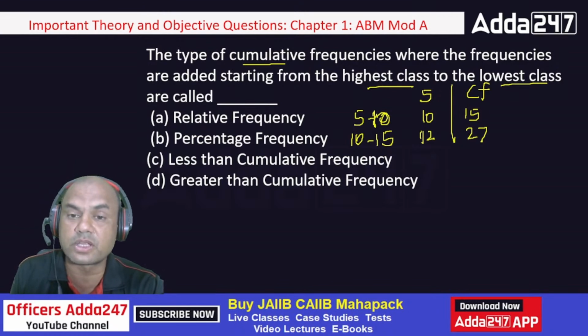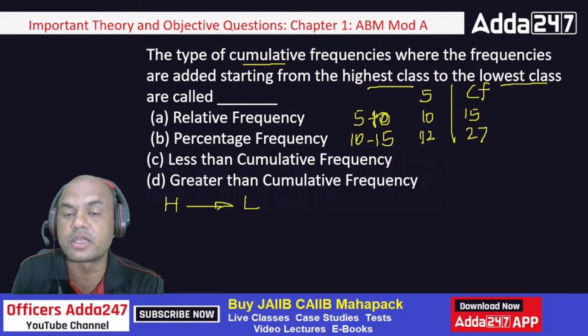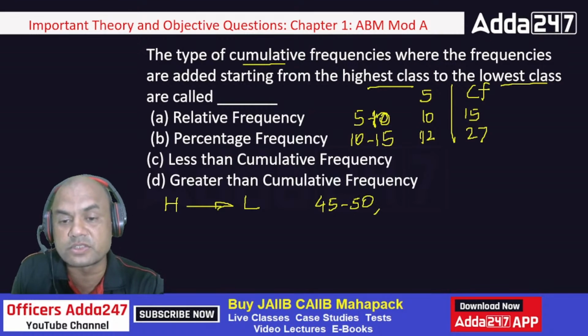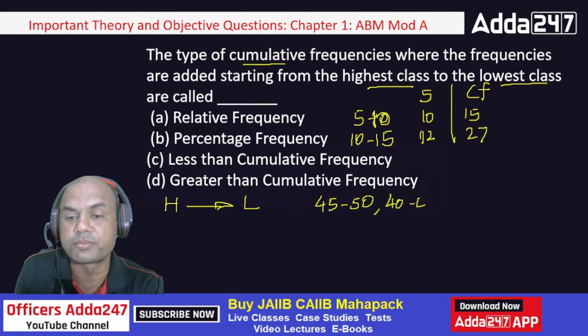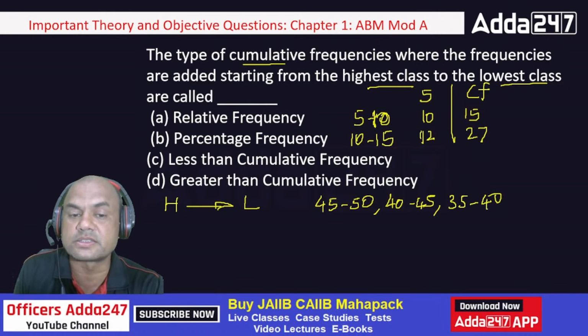So the answer over here is, whenever you are going from highest to lowest, it means 45 to 50 is my first class which I am taking. The next class is 40 to 45. The next class is 35 to 40. See this, I am going down, from highest to lowest. So when such is the case, it is known as greater than, GT. This D is the answer.